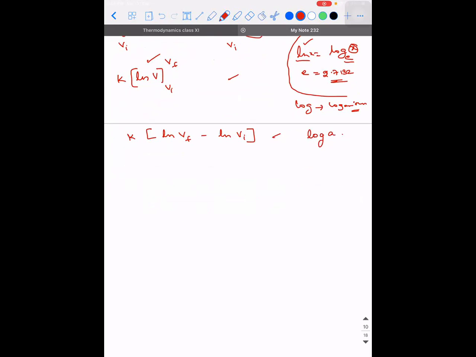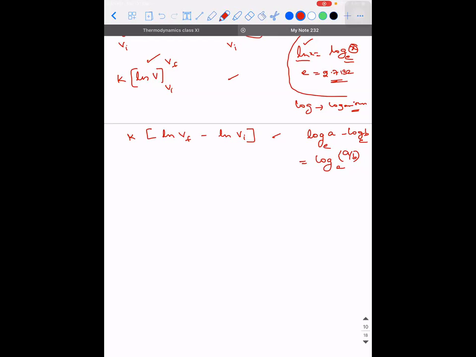Log of A minus log B. If the bases are same, then you can write log of A by B base E. Okay.